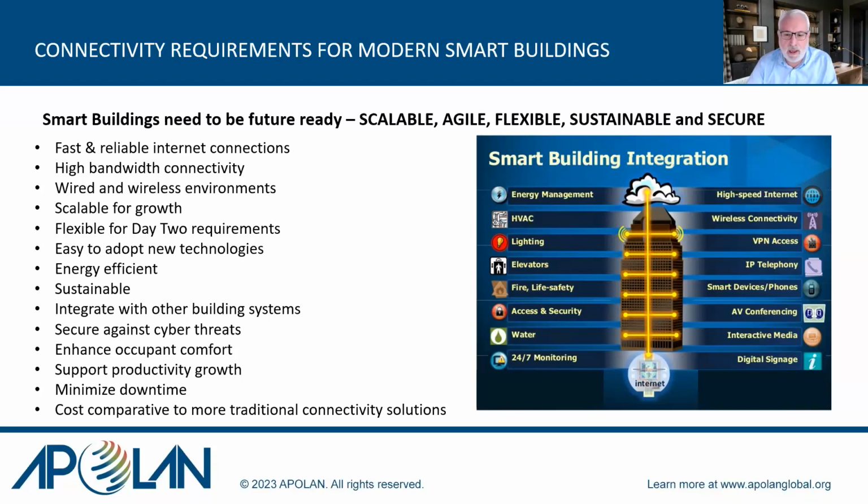It is completely useless having a network infrastructure that cannot take on new technologies. It has to be energy efficient, it has to be sustainable. Obviously, these are the key things that we're looking at. But it also has to integrate with other building systems. This is the whole idea of a smart building, that it can adapt and integrate with other building systems.